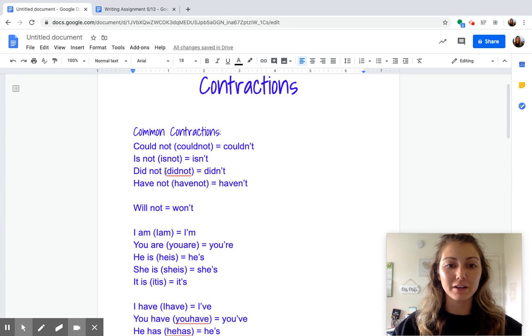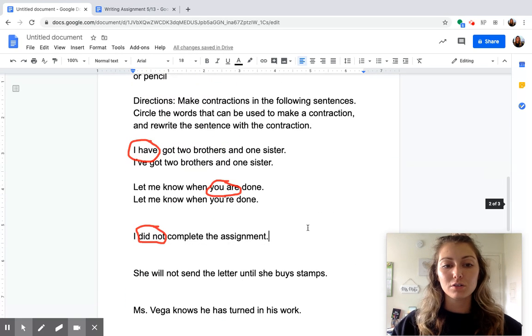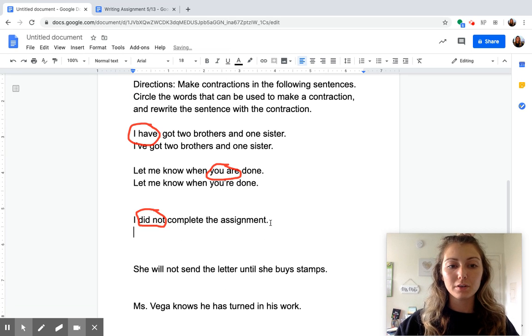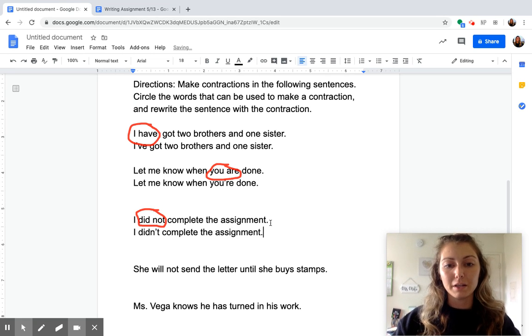If we check back up here, did not, we're dropping the O and we have the contraction didn't. So let's go ahead and rewrite our sentence. I didn't complete the assignment. Great.